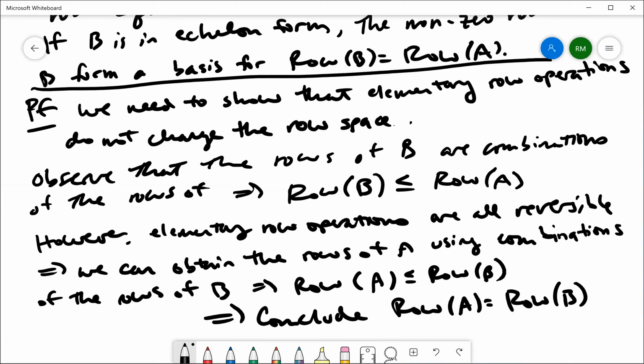All right, so now we know that their row spaces are the same.